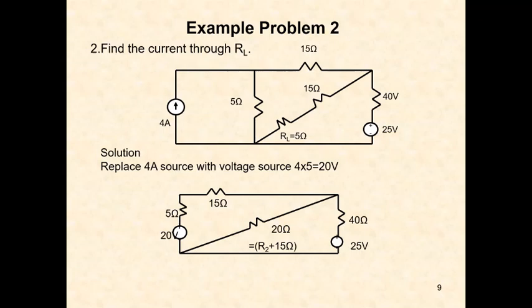See here, 20 volts with the 5 ohm resistor and 15 ohms in series, then 25 volts and 40 ohms.